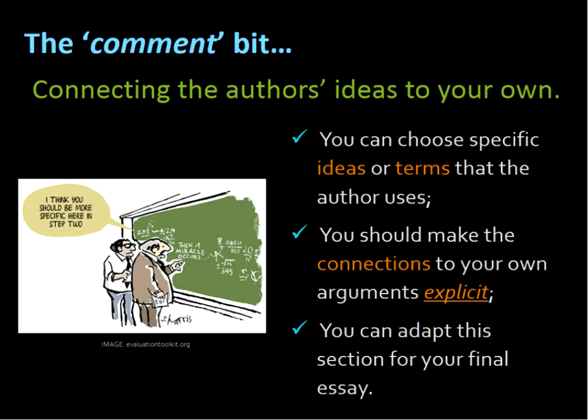So you're going to have to make the connections between what you've read and your own arguments explicit, and as I said before, that's why you have to justify it. You can't just say it will be useful.